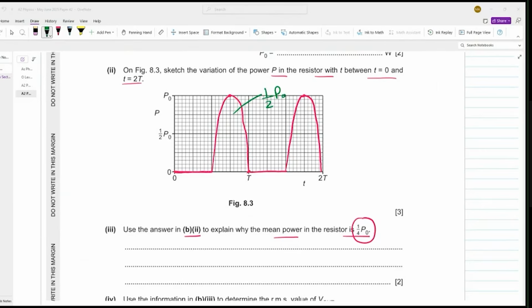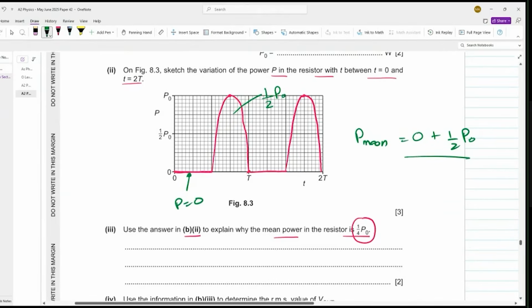If you have to calculate the mean power of the entire cycle, the mean power in this horizontal line is 0. The mean power of this loop is half P naught. Divided by 2, your mean power comes out to be 1/4 P naught. Simple.